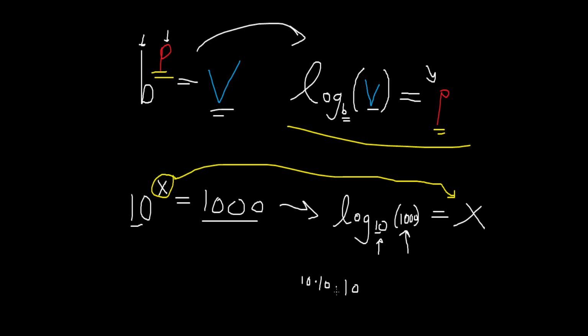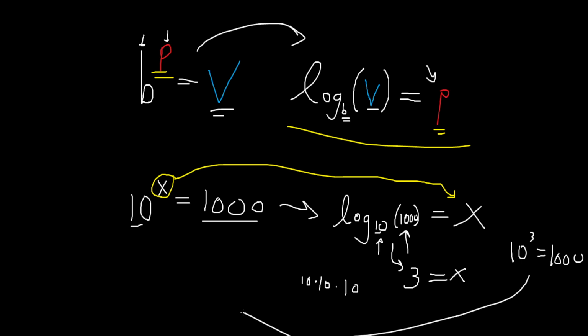So 10 times 10 times 10, that's 1,000. So this logarithm is actually just 3. So x is just 3. 10 to the third equals 1,000, which is what the original question was asking, albeit in a bit of a strange way.